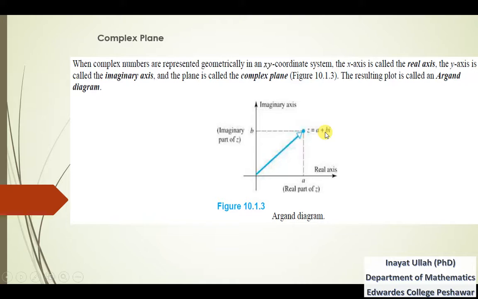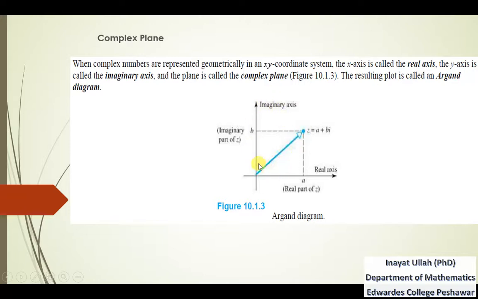And b is the imaginary part of this complex number, and b is taken on the y-axis. So that's why the y-axis is called the imaginary axis. A is the real part of z, and b is the imaginary part of z.